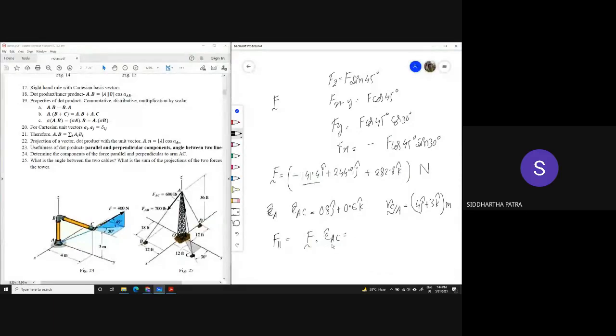So how much is that value? How much is the dot product?